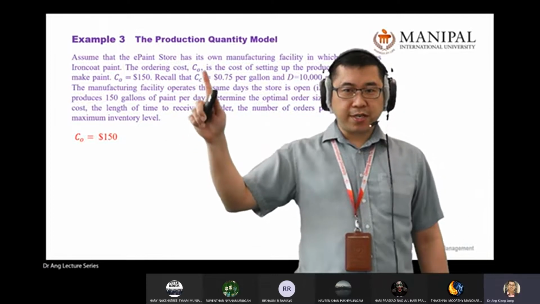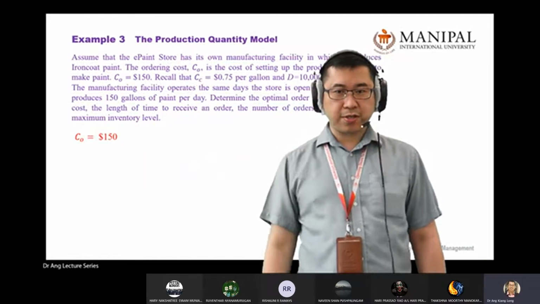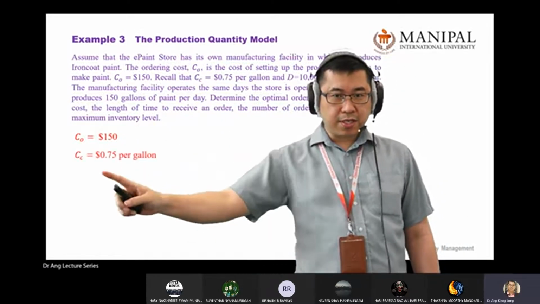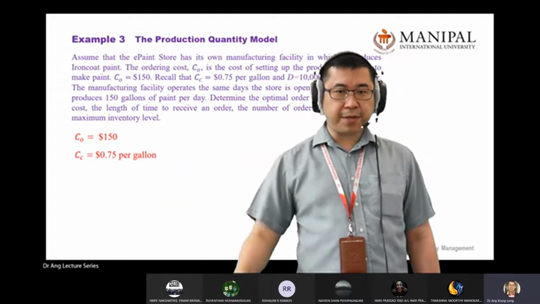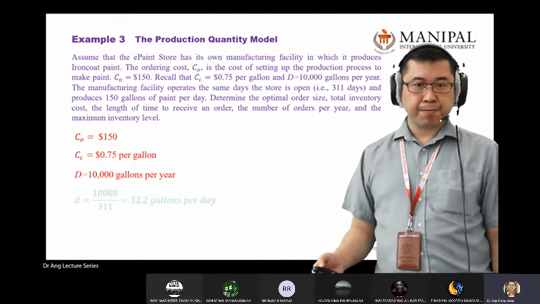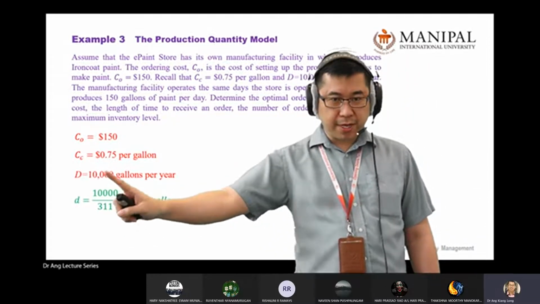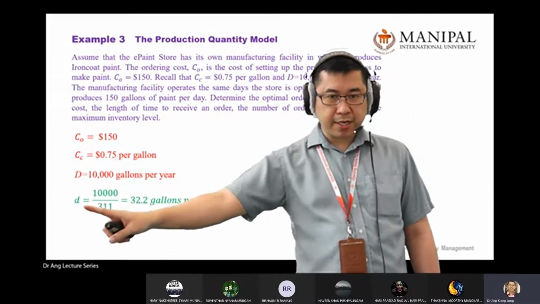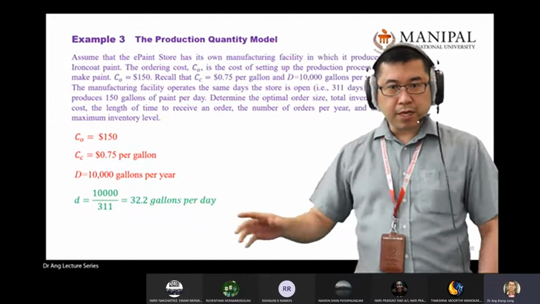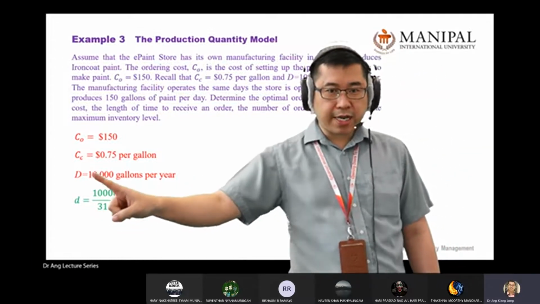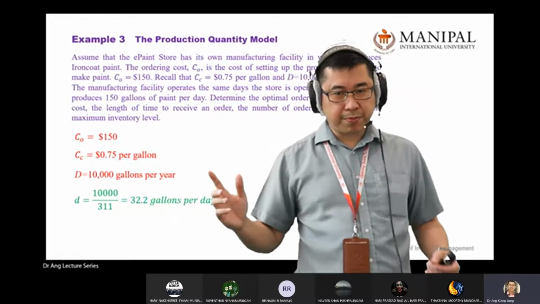CO is given, your ordering cost. CC is given, 0.75 per gallon. Your demand is given, D is your demand, 10,000 gallon per year.